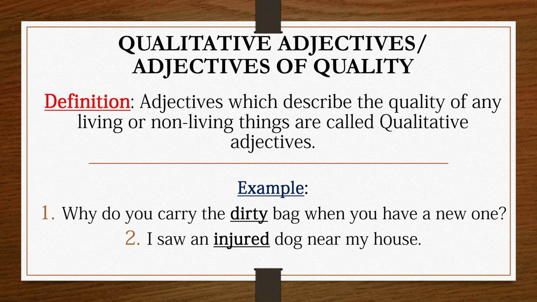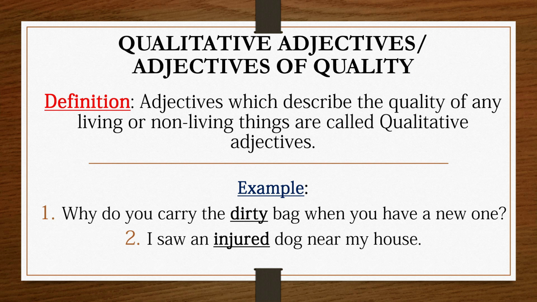But what did we talk about quantitative adjectives? That they are concrete, whereas qualitative adjectives are what? Abstract. They can be only perceived through senses. And do you know, qualitative adjectives are more in number when compared to quantitative adjectives.